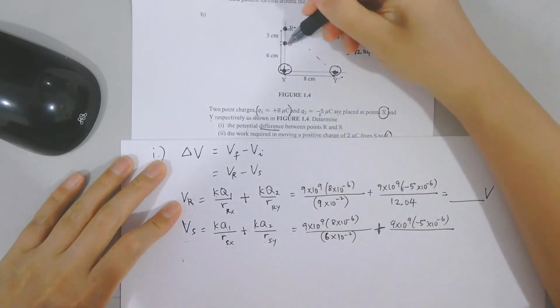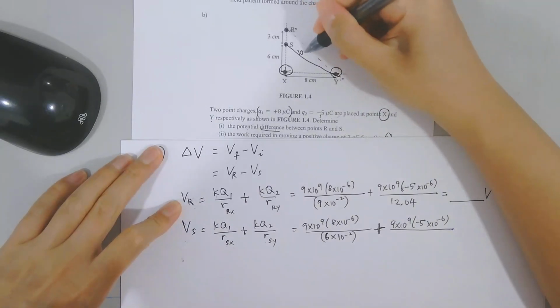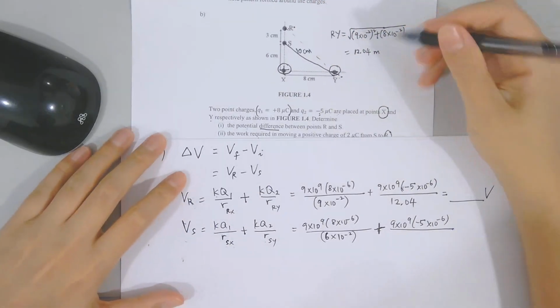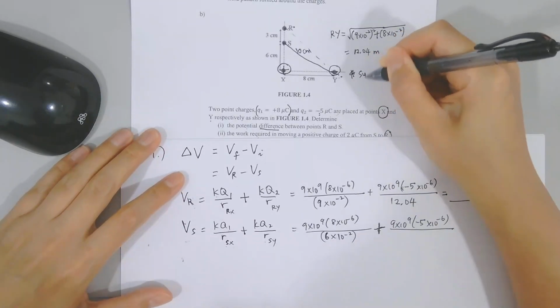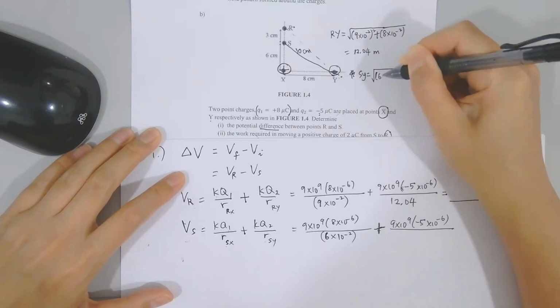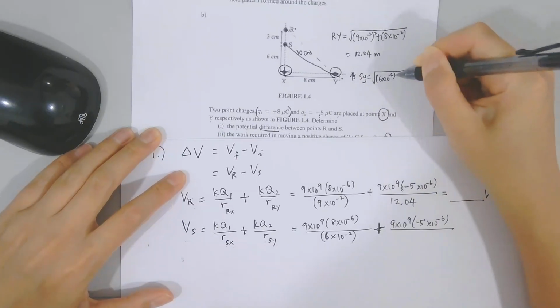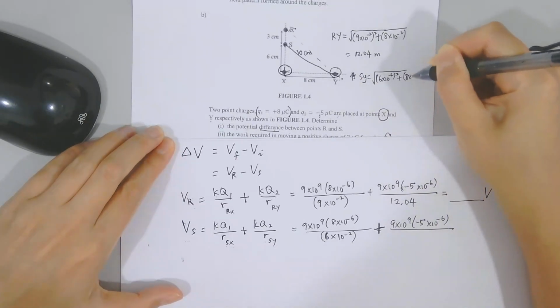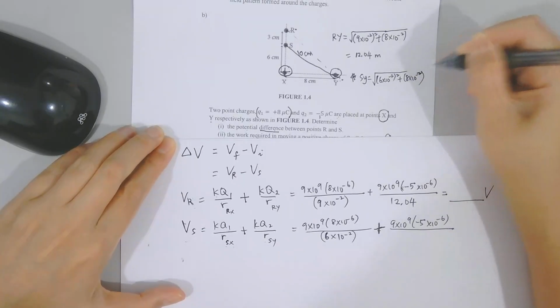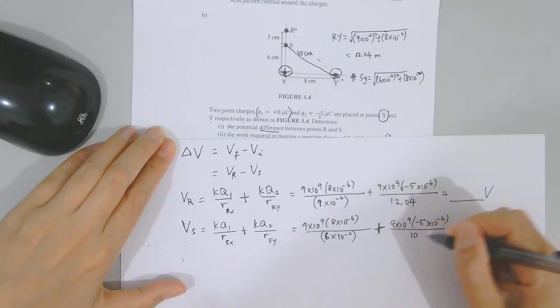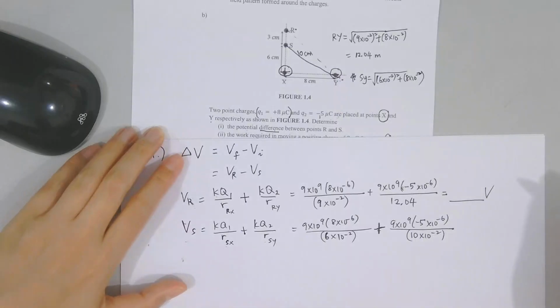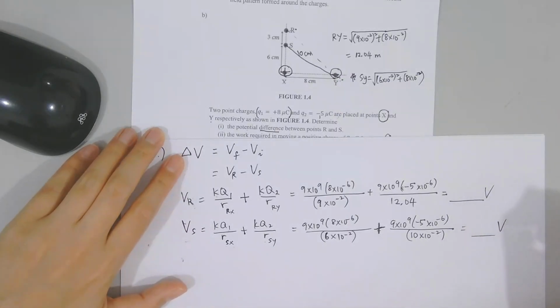If you don't know why this one is 10 cm, then you can use theorem Pythagoras. The distance between SY, you boleh guna theorem Pythagoras je. So from here you will get 10 cm.